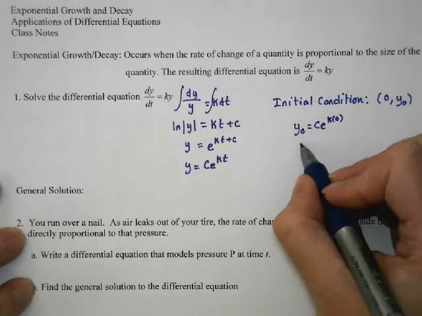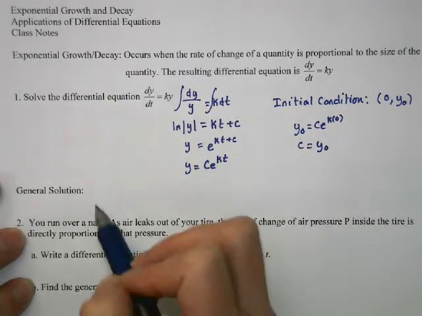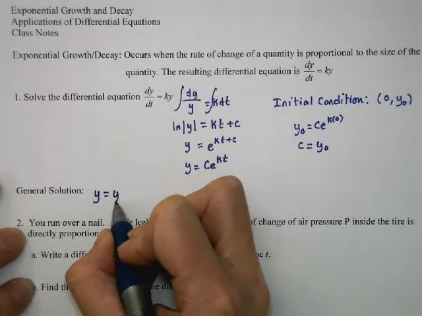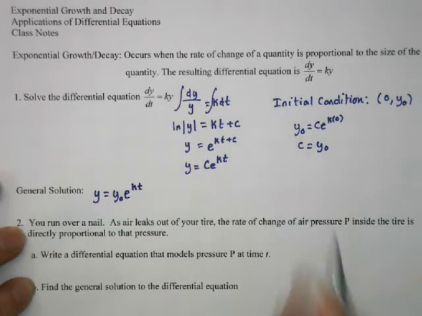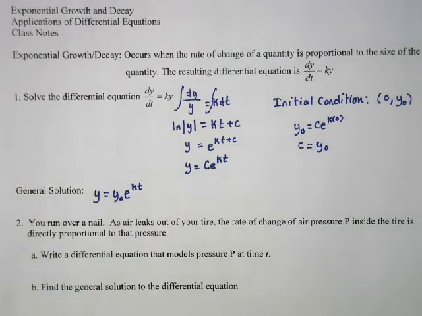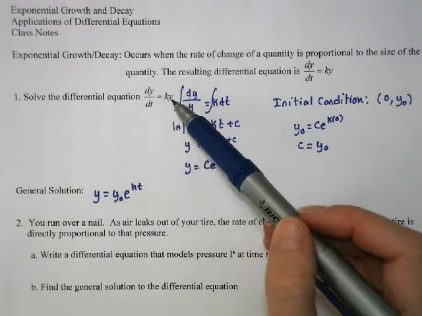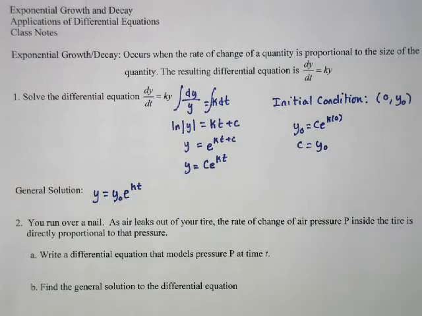Well, e to the 0 is just going to be 1, so c is going to equal that initial amount. So our general solution is going to be y equals y naught e to the kt. This is something you're just going to want to know: if this is the differential equation, its general solution is always going to be this exponential function.